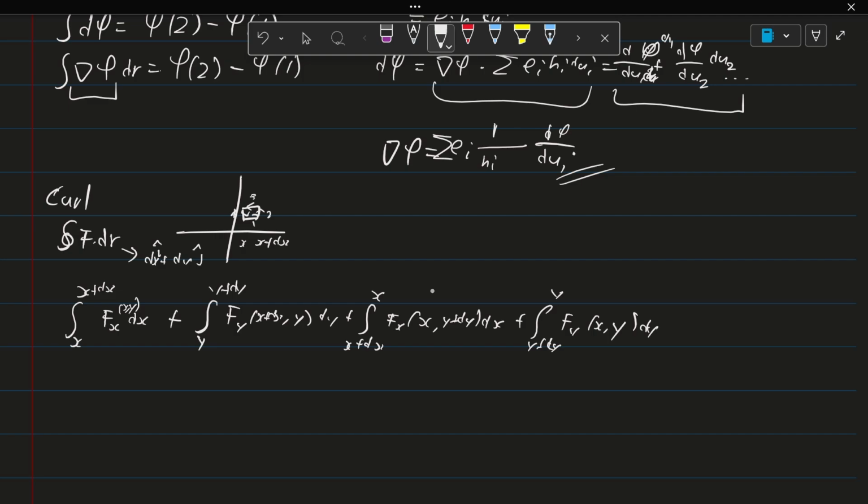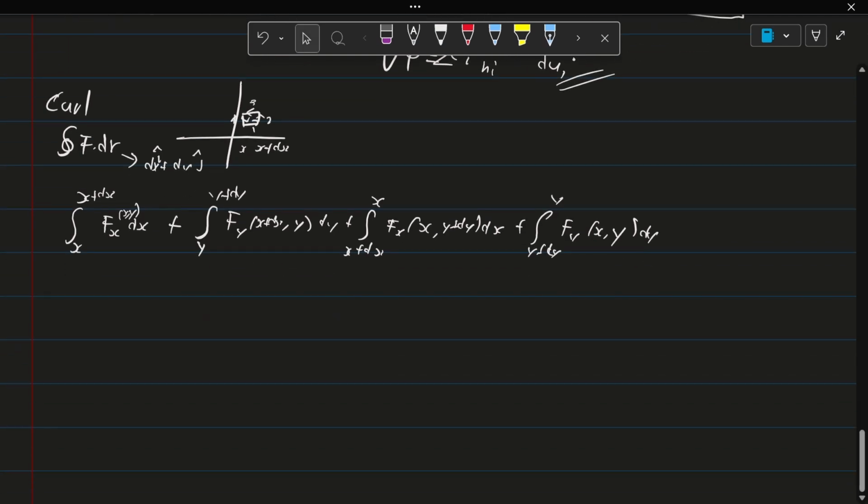If you take the integral of this entire thing, I will denote it as big F. So big FX of x plus dx point y minus big FX of x point y.